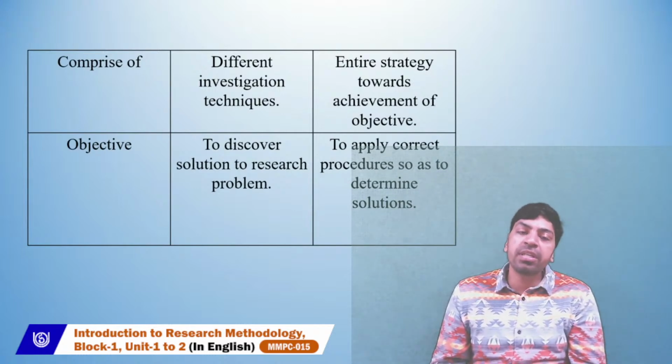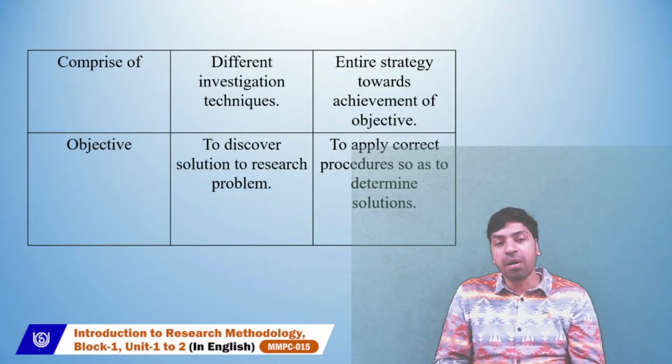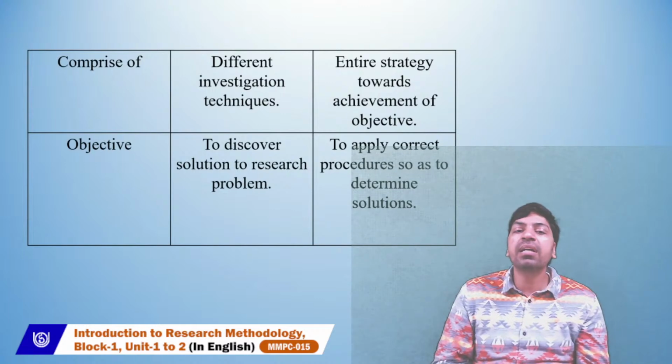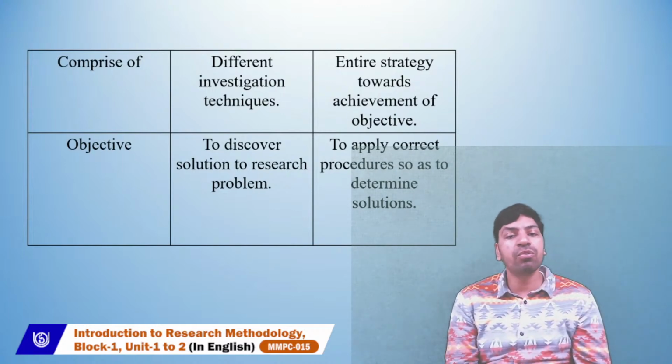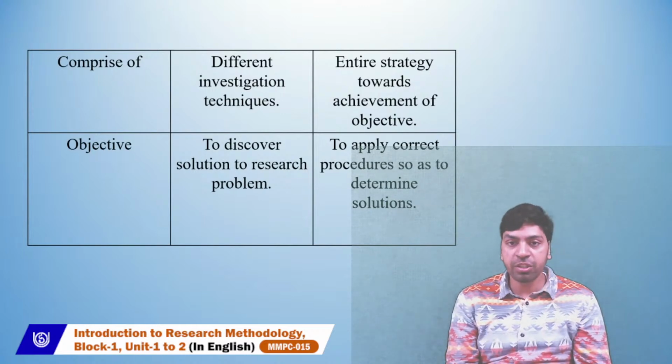So research method discovers the solution of a research problem, but research methodology applies the correct procedure or process to determine the solution of a problem. And that is one of the main objectives of research methodology.